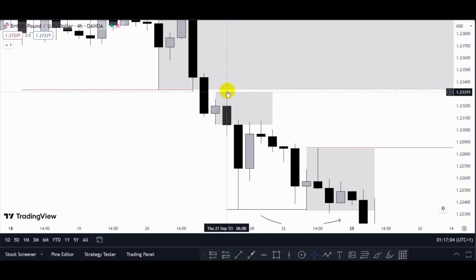So this is a valid pullback. So meaning this is a buy move before a sell move because this is a valid pullback because this candle took out the high of this candle because this candle has the lowest point here. It is lower than this other bearish candle. And then this move to the upside took out the high. So this is a valid pullback.